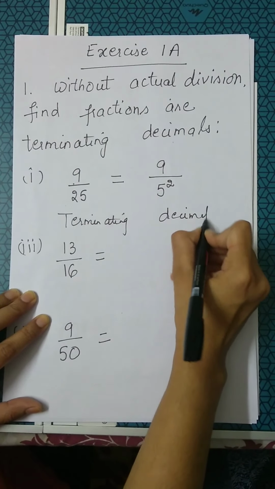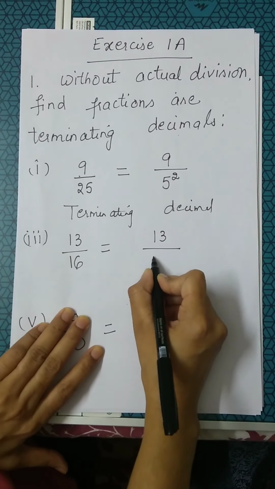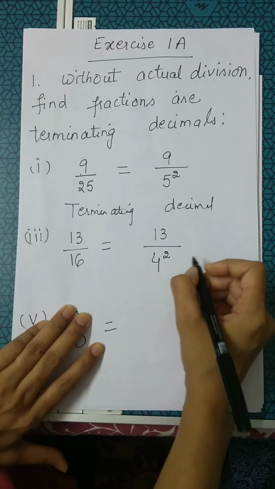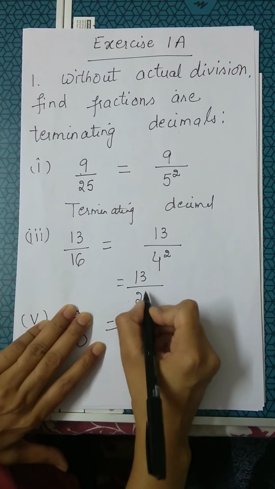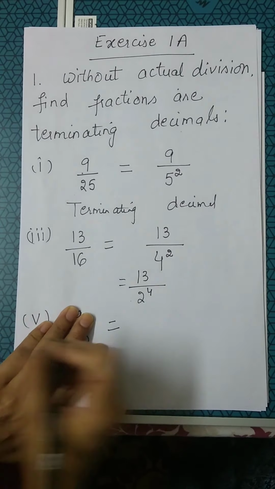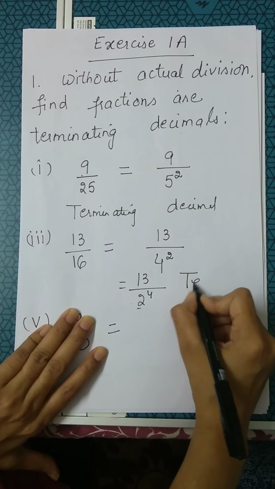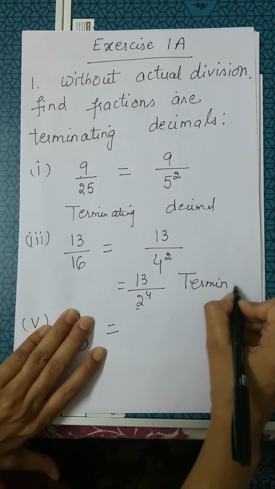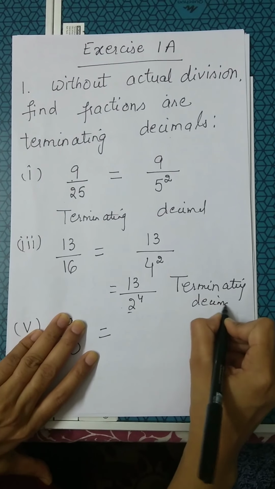Let's take the next example, 13 upon 16. 16 is 2 raised to power 4. Here too, the denominator is in the exponential power of 2. So without dividing, I can say this number will be a terminating decimal.